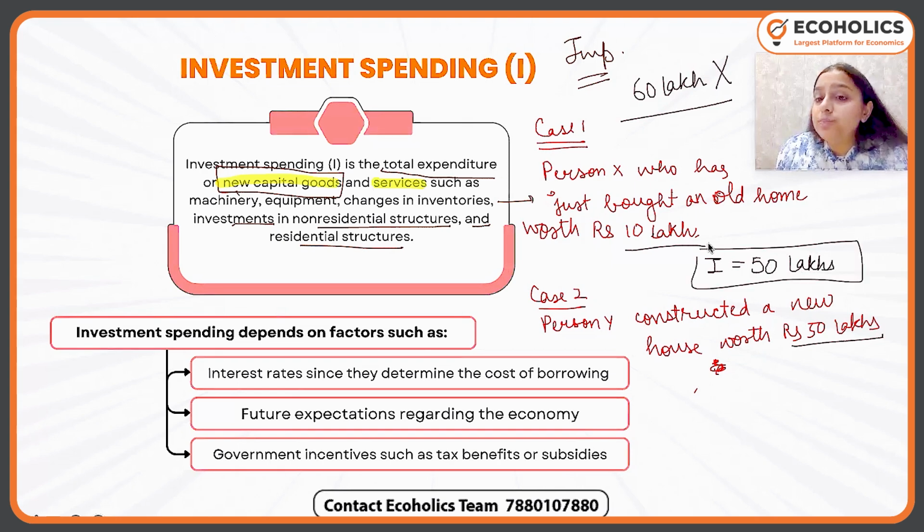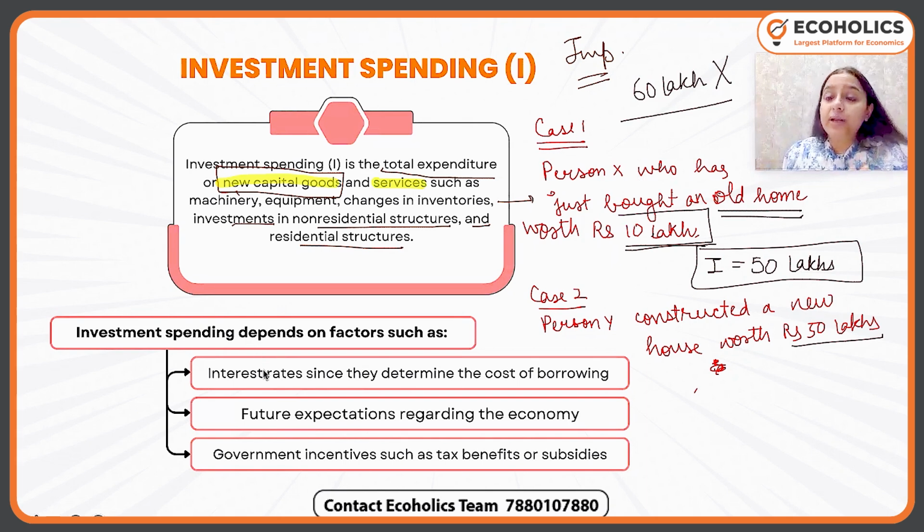The reason is very simple. This 10 lakh is only a transfer of the asset from one person to another. This is an old house, so construction is not happening in this fiscal year. So expenditure is not happening now. It is already recorded in the previous records.